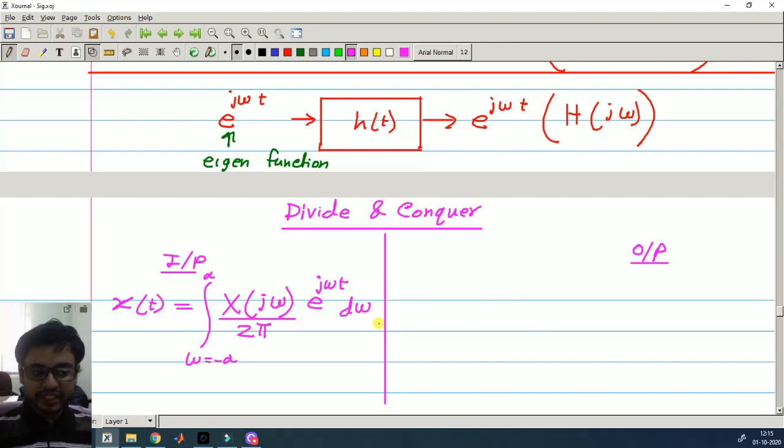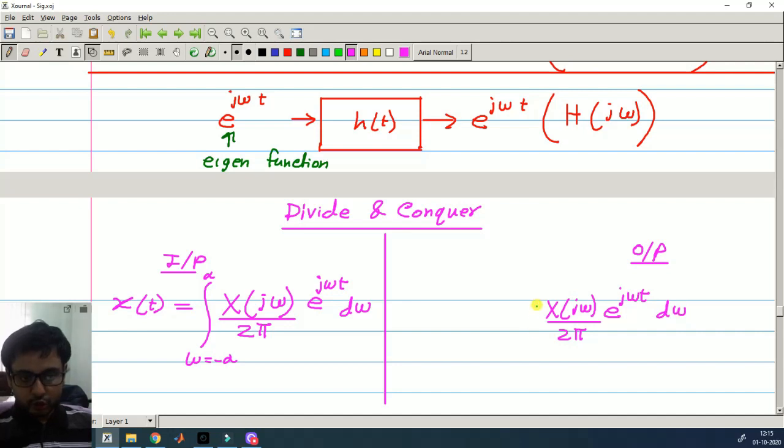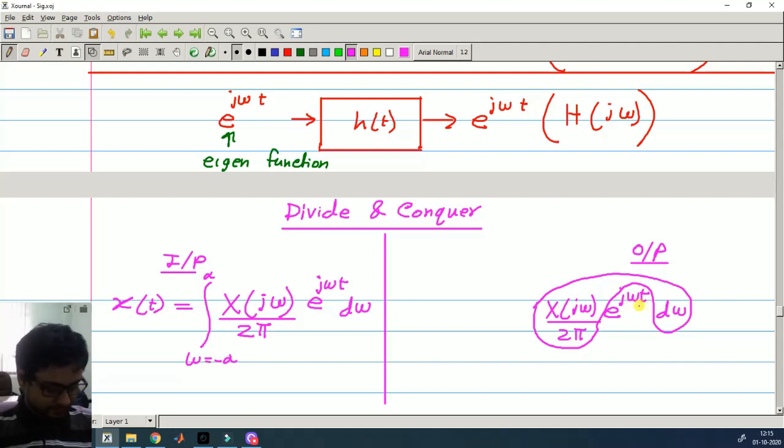Then what will be the output? Let me consider one particular component of the input, which is e to the power j omega t with amplitude X j omega by 2 pi d omega. This is the amplitude of e to the power j omega t.